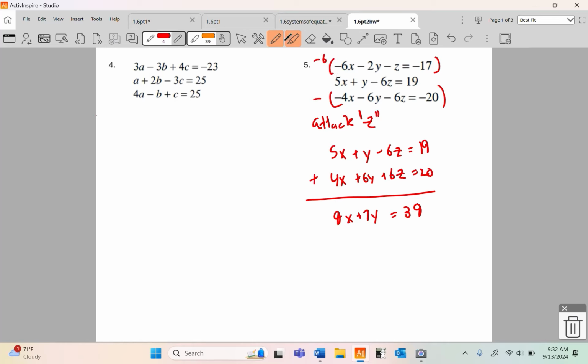I probably should have picked a different variable. That'll give me 36x plus 12y plus 6z equals what? 102? And I'm going to add it to this equation. Actually, it doesn't really matter which one you add it to, but I'm going to go with that one.